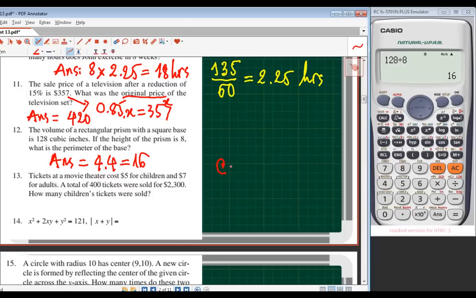Of course, we have C plus A equals 400, a total of 400 tickets, and we just multiply the price for each ticket. 5 times C plus 7 times A equals 2,300.